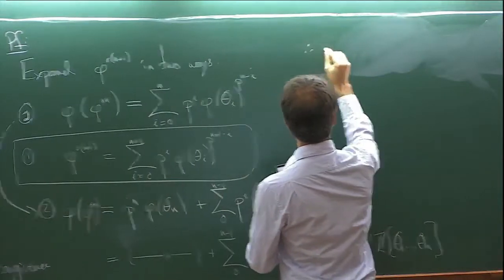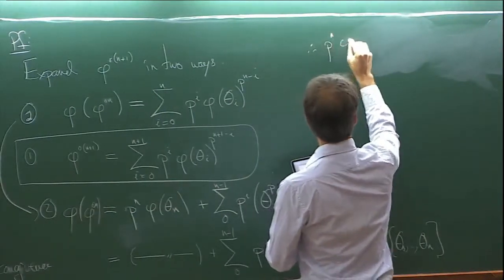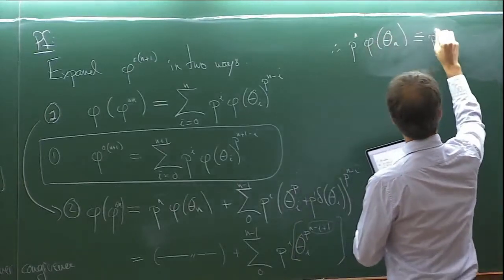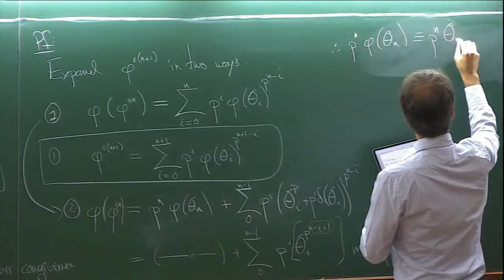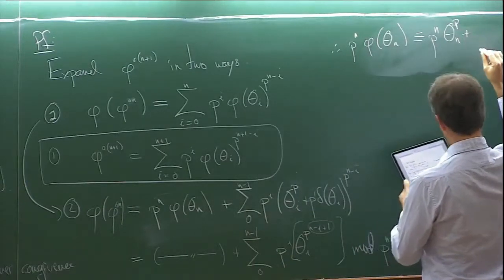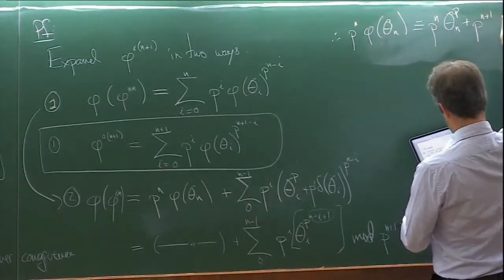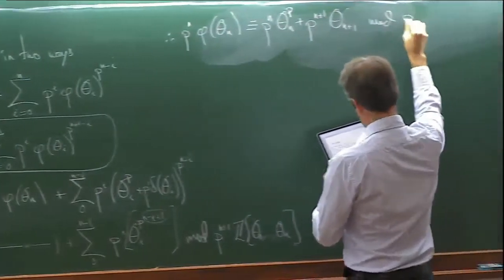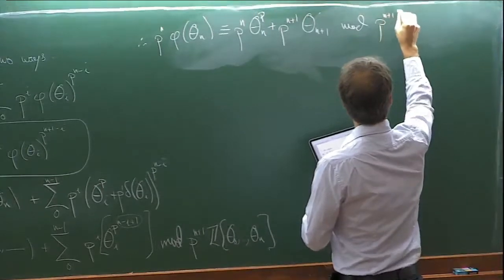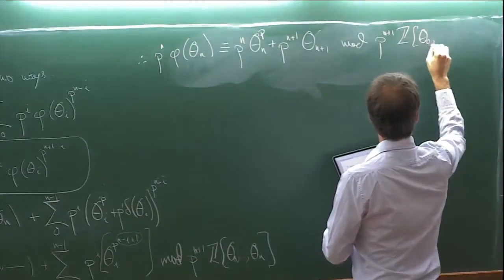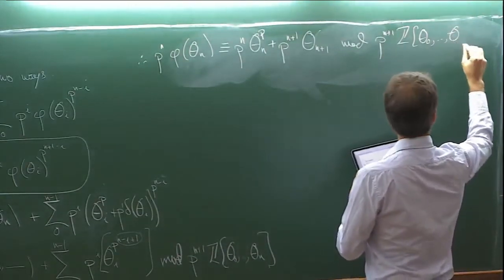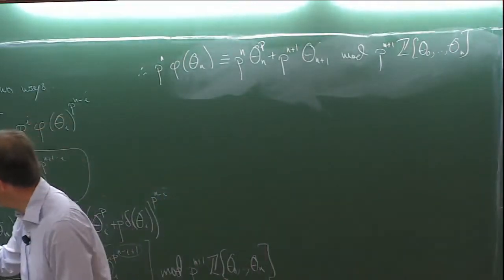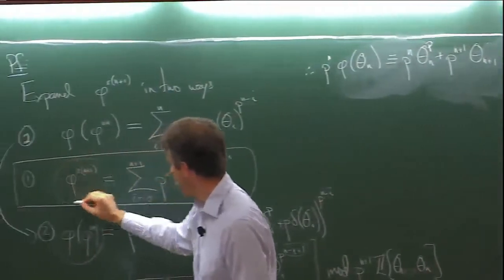So what I claim is that p to the n, phi of theta n, is congruent to p to the n, theta n to the p, plus p to the n plus 1, theta n plus 1, mod p to the n plus 1, in Z adjoining theta 0 up to theta n. So we compare, this is equal to that.